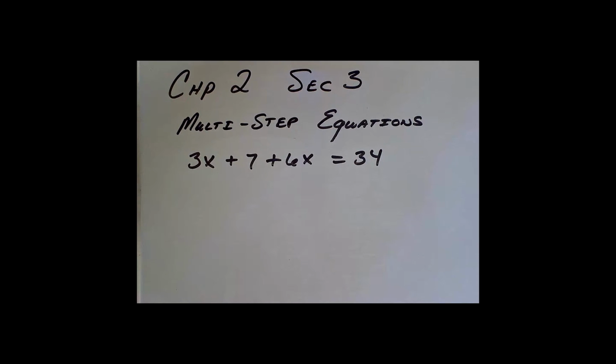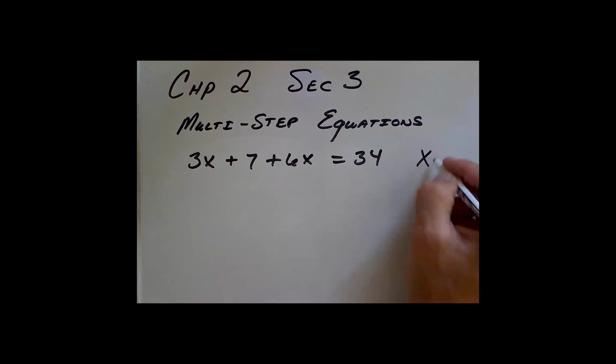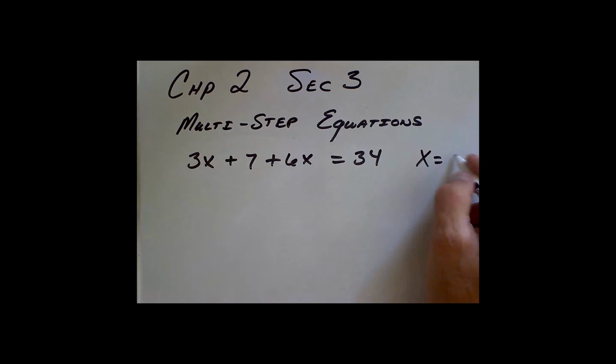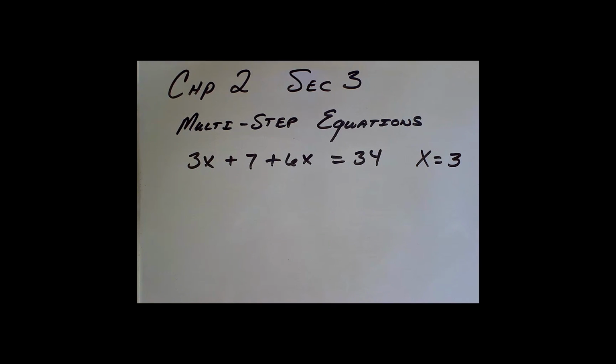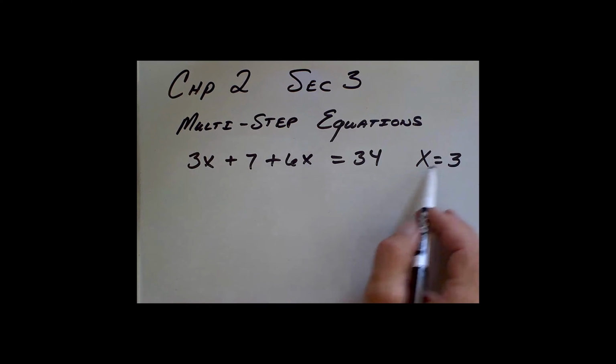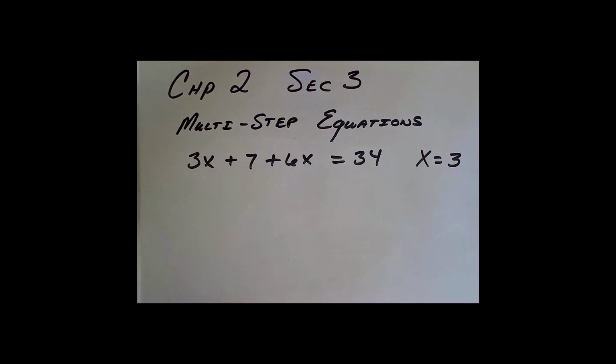Let's go back to that same equation now, 3x plus 7 plus 6x equals 34. We learned that x, through doing our math, equals 3. How can we confirm that this is really the right answer? Well, we can take this 3 and replace it for each of the x's in here. X equals 3, so replace it.